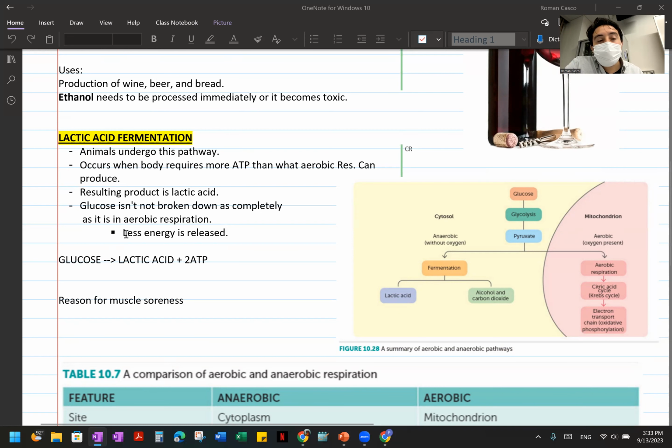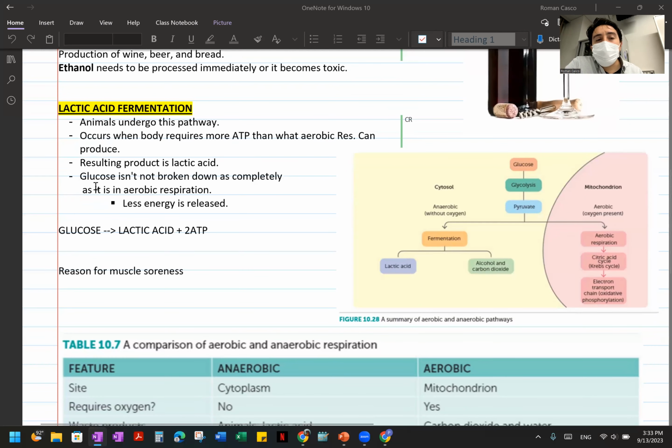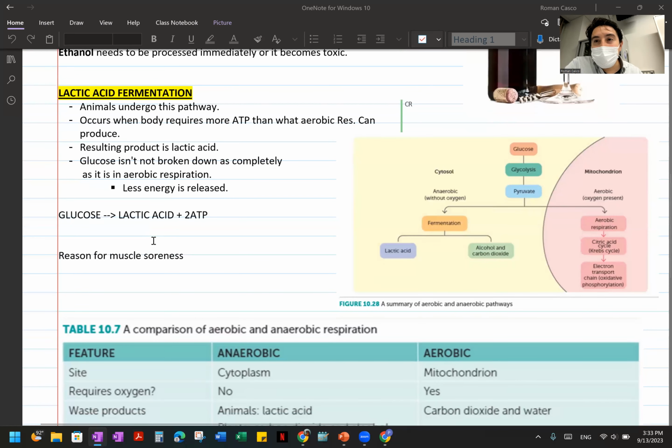In this case, glucose isn't broken down completely, as it is in aerobic respiration, all the way to carbon dioxide. Because of that, you'll get less energy output, a smaller amount of ATP. In this case, you have 2 molecules of ATP. Aside from that, you're getting lactic acid that is accumulating in the body, and this lactic acid is the reason why we tend to get muscle soreness.